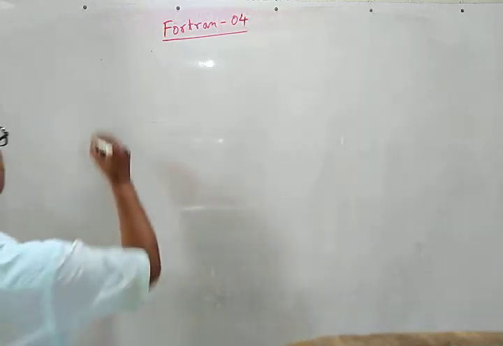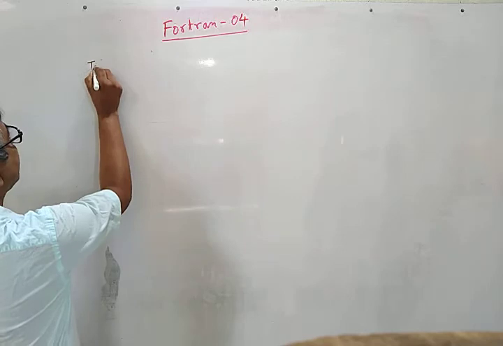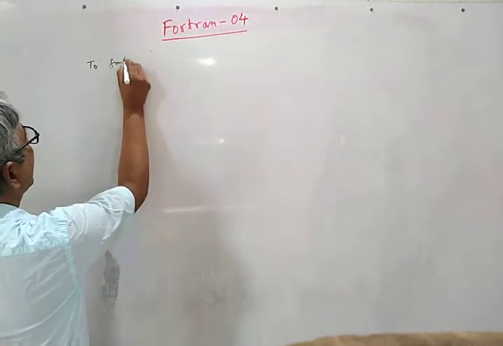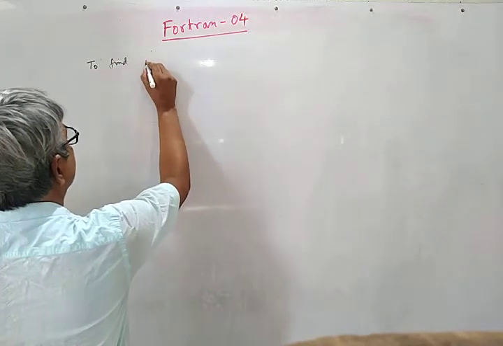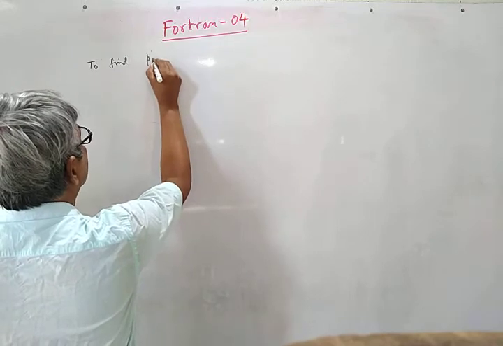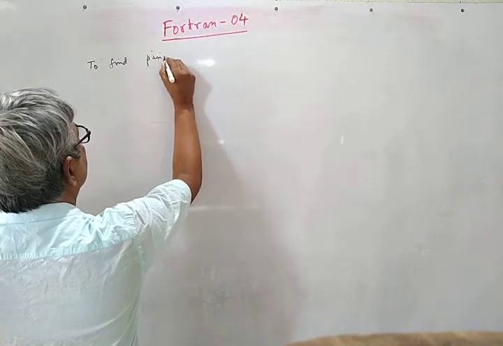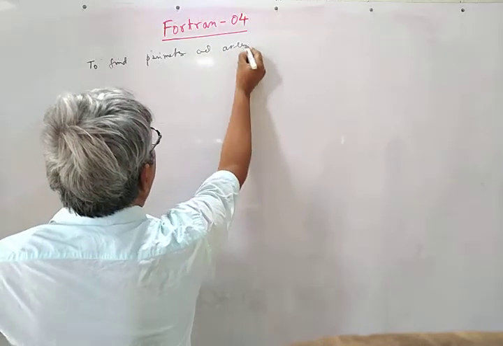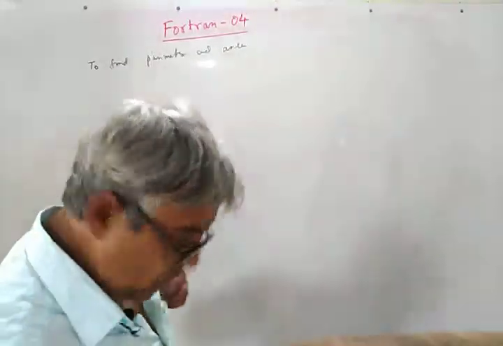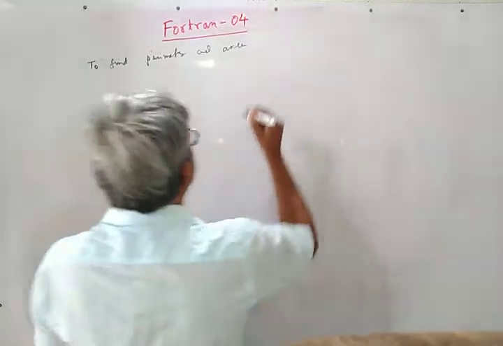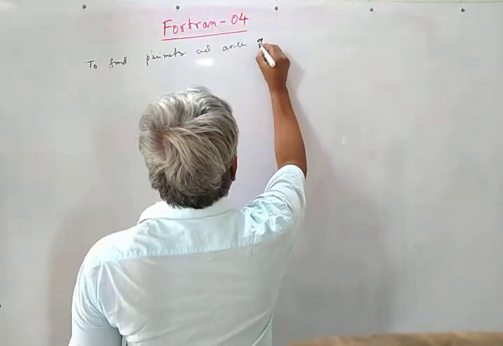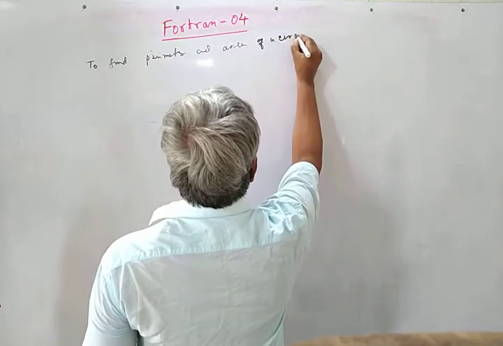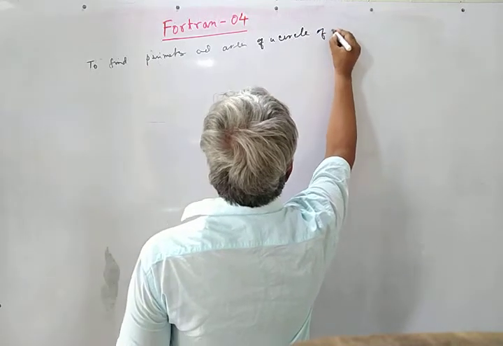For example, to find the perimeter and area of a circle of given radius.